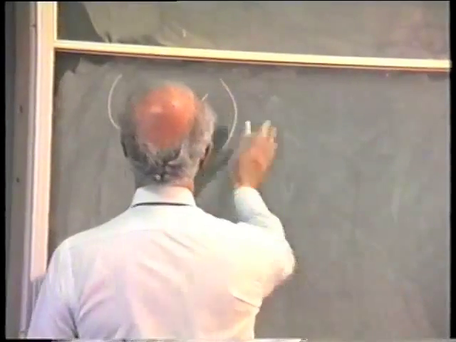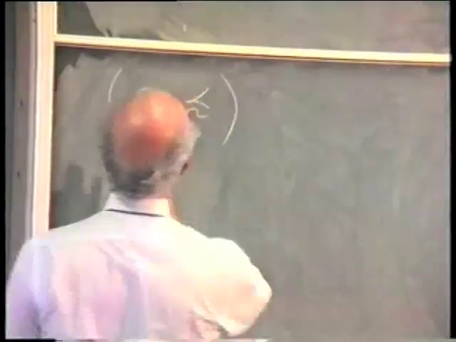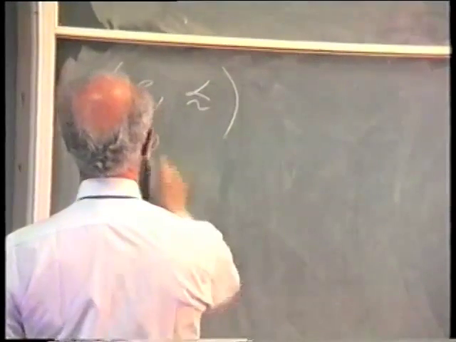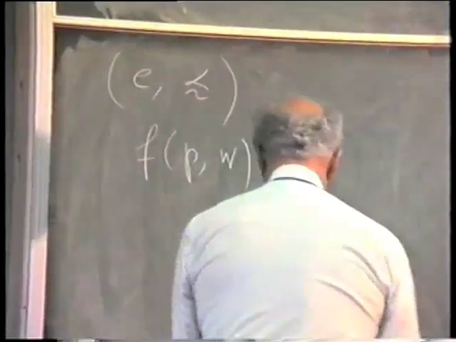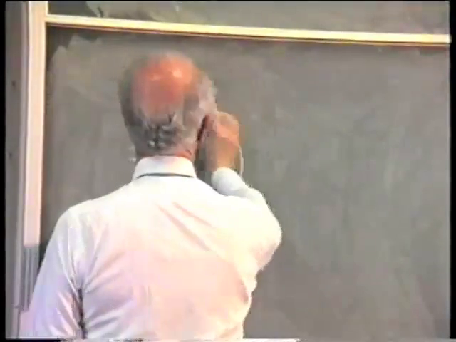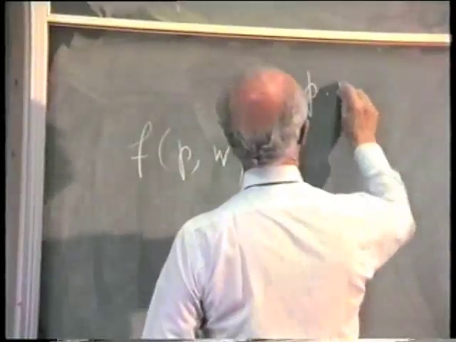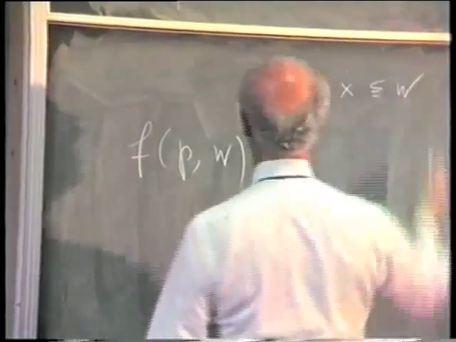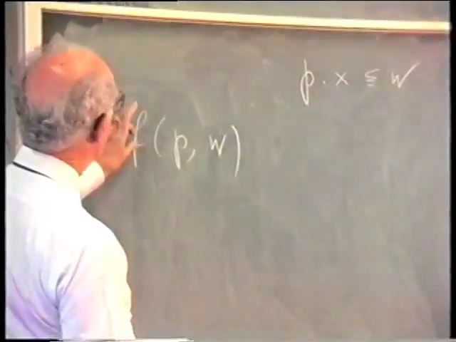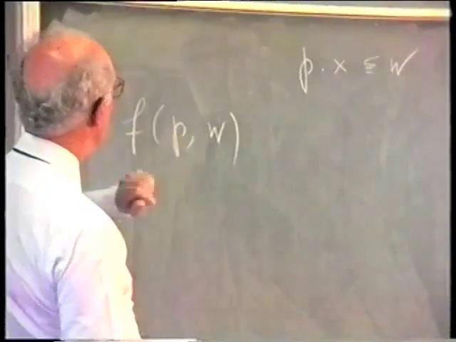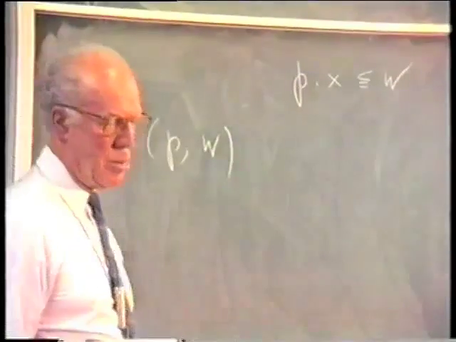I will take a slightly different notation, so forget what I have said before. If we have a given price vector and a real number W, therefore the budget constraint would be Px smaller than or equal to W, I denote by F the demand for that particular individual given P and W.